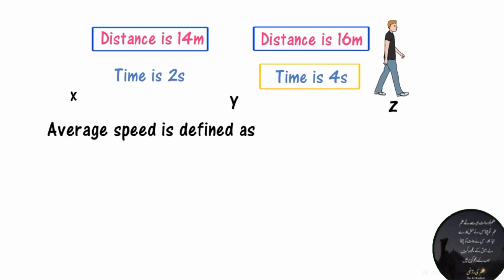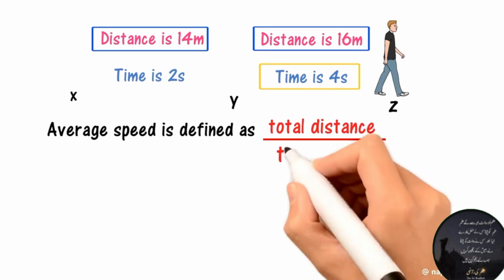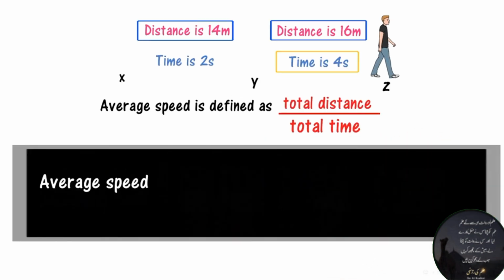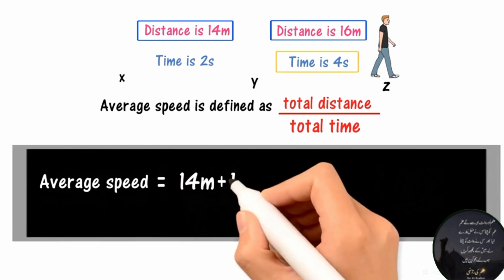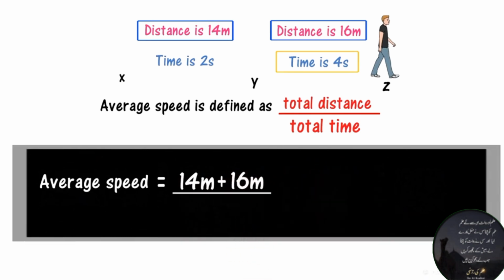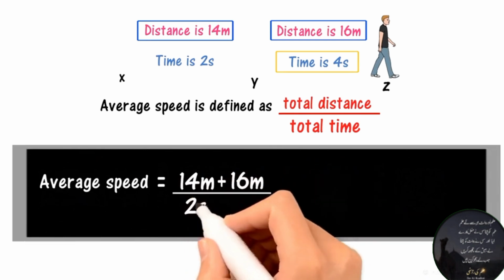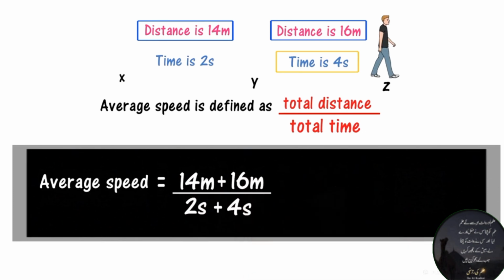Average speed is defined as the total distance divided by total time. Total distance is 14 meter plus 16 meter, divided by total time, that is 2 plus 4 seconds, and I am getting 30 meter divided by 6 seconds. Now I am getting 5 meter per second. 5 meter per second is the average speed of the person.